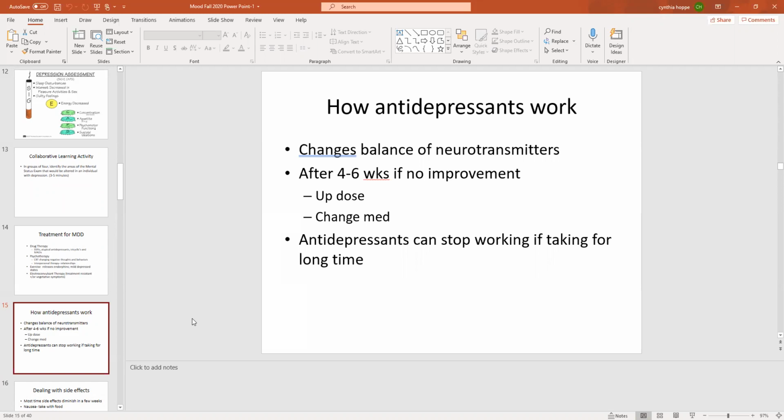If it's not working, they may add something. Now, I also see doctors using antipsychotics in addition to antidepressants for some people who do not get the relief that they need. And antidepressants can stop working if they're on a long-term basis. But usually, they're going to keep someone on it for at least 6 months to a year.